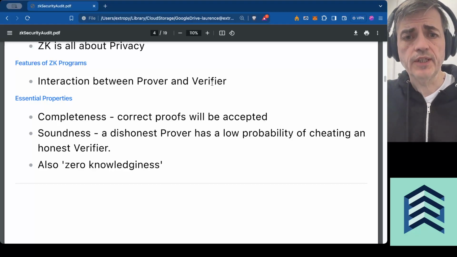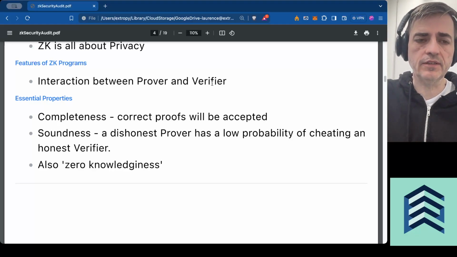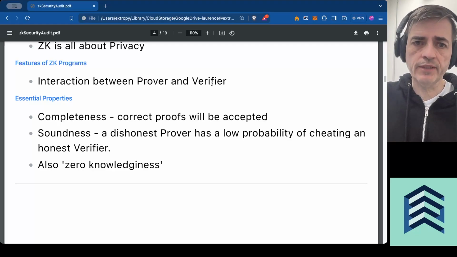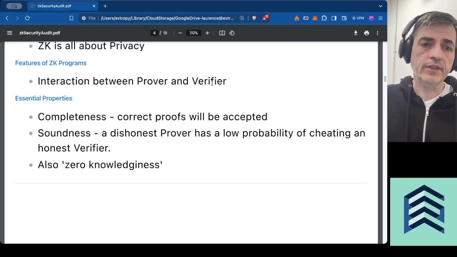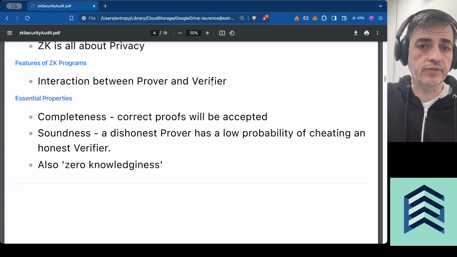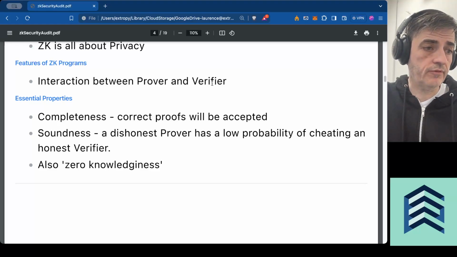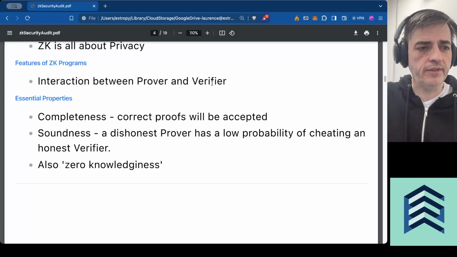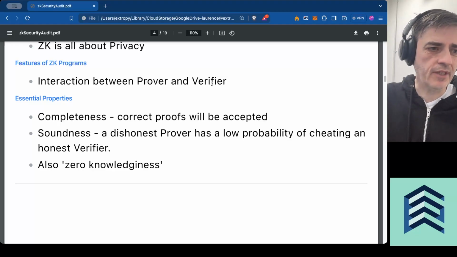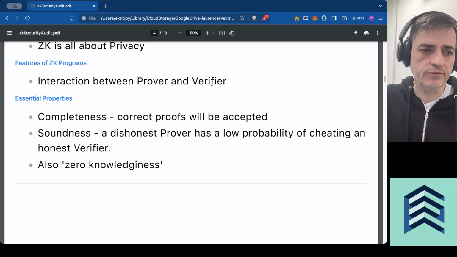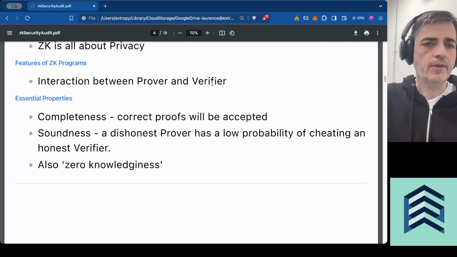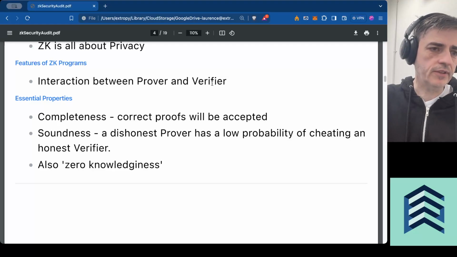The first one is called completeness, and this is the idea that if we have an honest prover and they supply a correct proof, then that will be accepted by the verifier. So this is really the everyday path, the happy path, that the prover can create a proof, it's a correct proof, and that will be accepted.